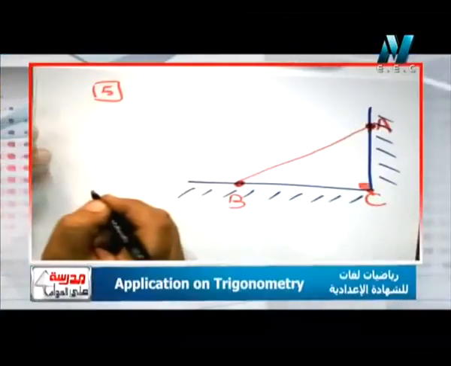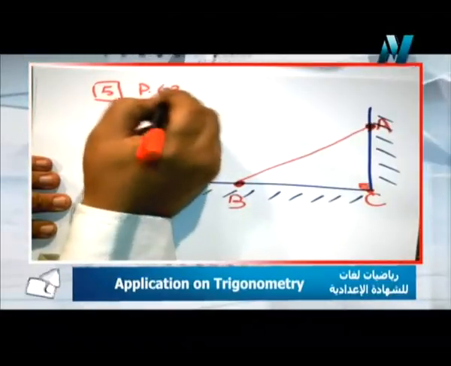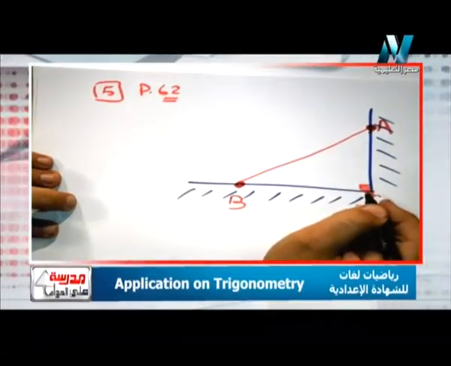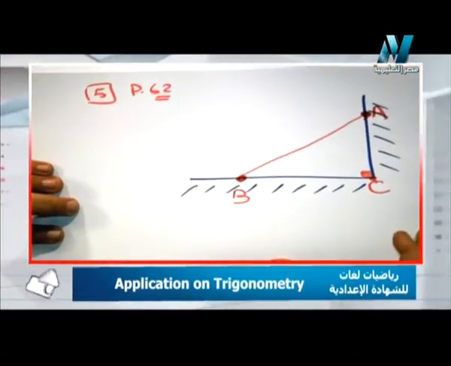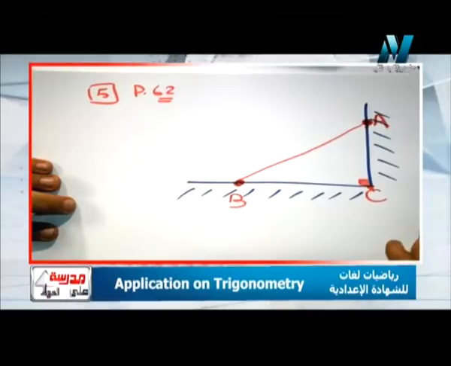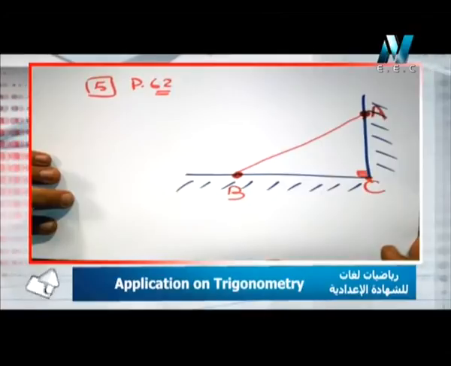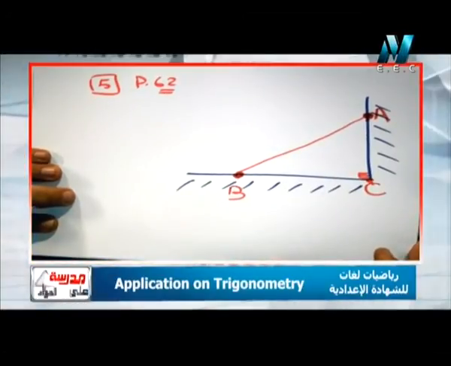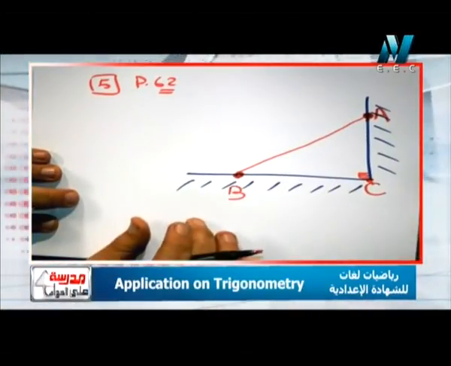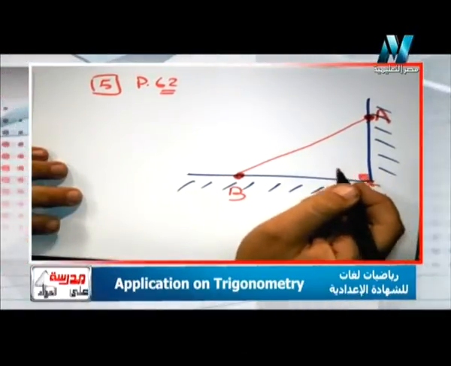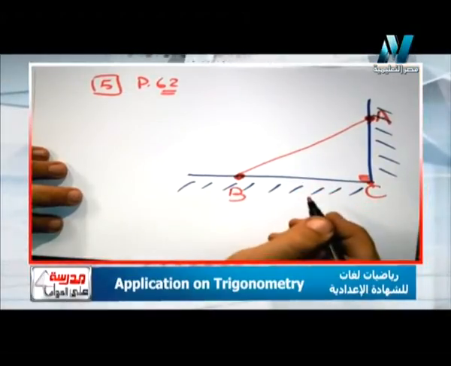Okay, let's go back to exercise number 5, page 62, the unit test. We have something else in the question: if C, as we said before, is the projection of point A on the surface of the floor, and its angle of slope on the surface of the floor was 60 degrees.